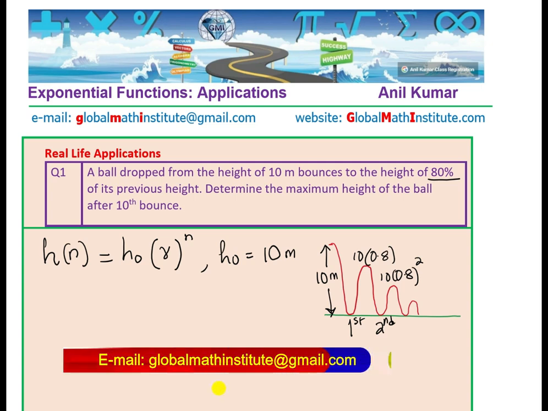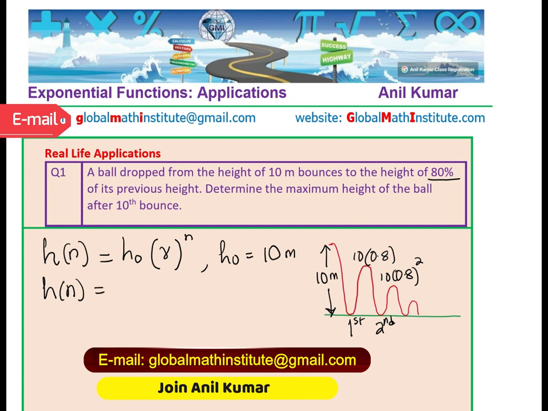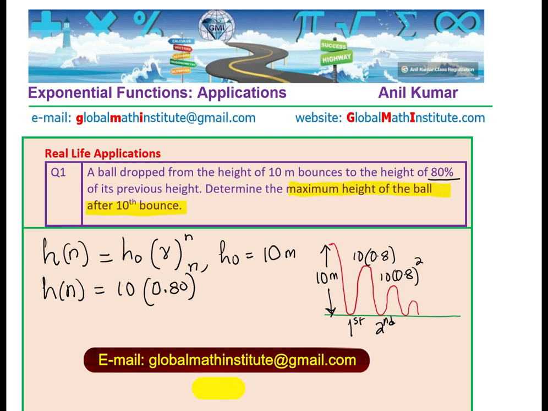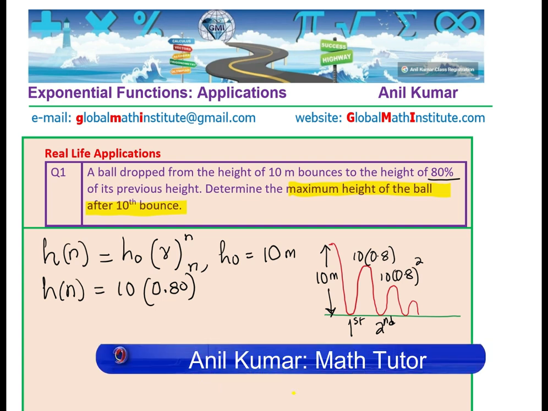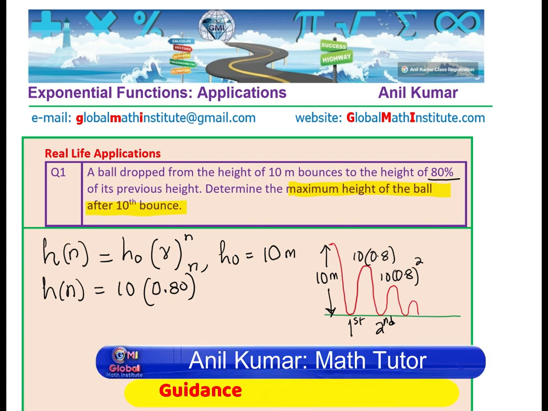So we can write this equation as h of n equals 10 times 0.80 to the power of n. What we need to figure out is the maximum height of the ball after the 10th bounce. So n is 10 now for us, correct? So h of 10 after the 10th bounce will be 10 times 0.80 to the power of 10. Is that clear to you?